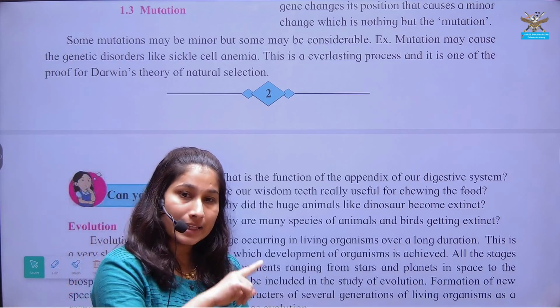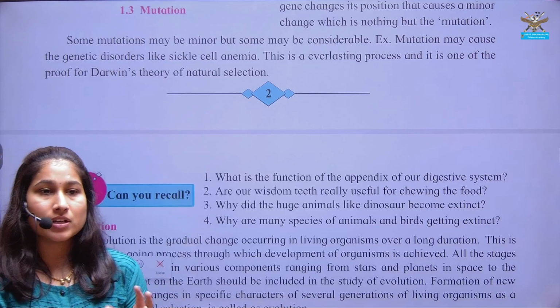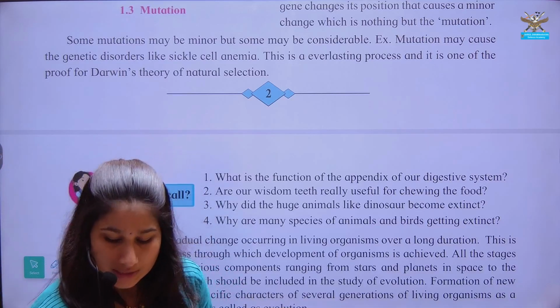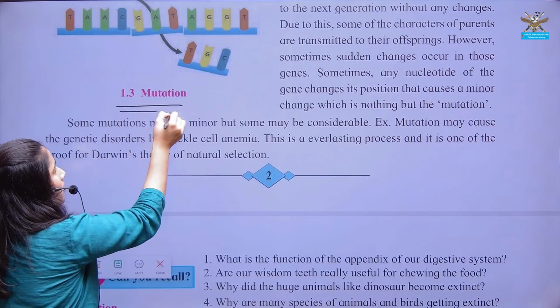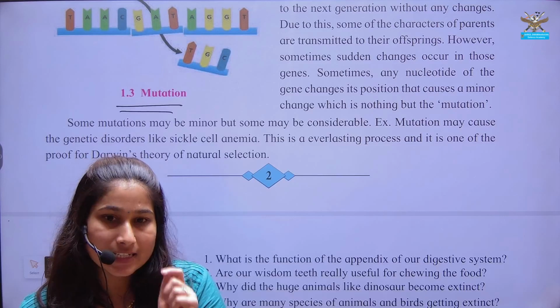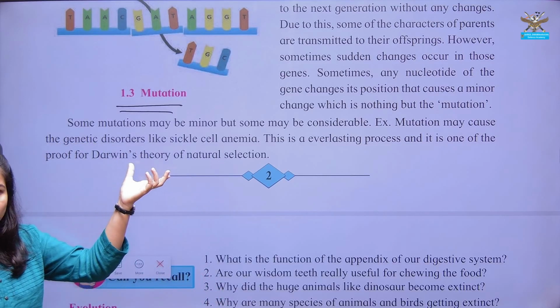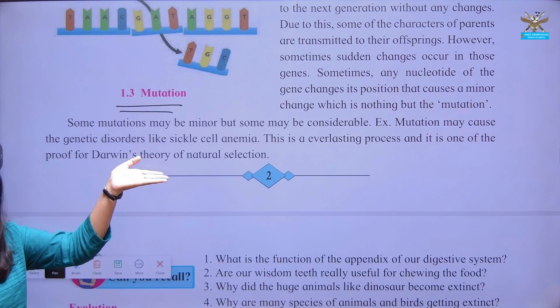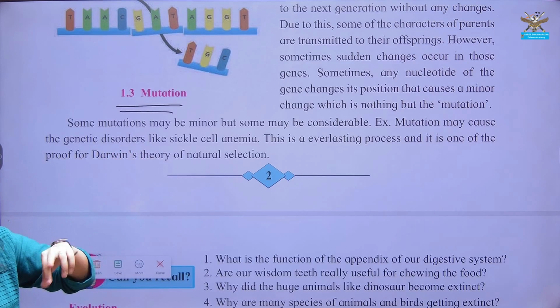So in this whole process, because of some kind of environmental activities or some kind of chemical effect, there may be mutation. These characters present in an individual, this mutation occurs at gene level. When there is a change in the sequence of your nucleotide ATGC sequences, at that time mutation occurs.